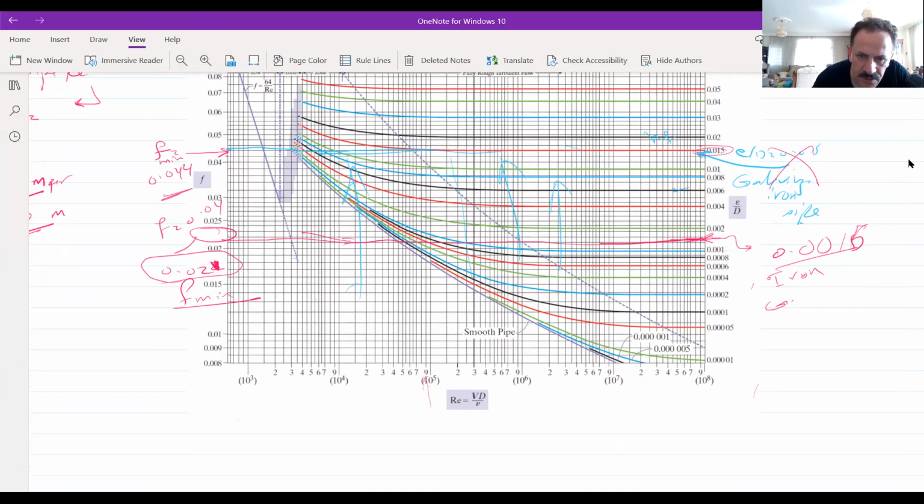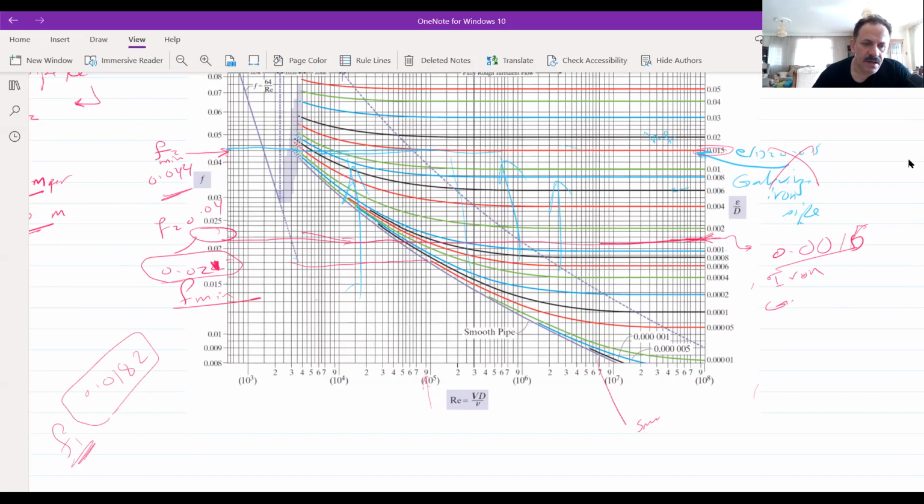Because this is a smooth pipe, this will be the f. It will be 0.015, 0.016, 0.017, 0.018, so about 0.018. This is the friction factor for the first pipe.